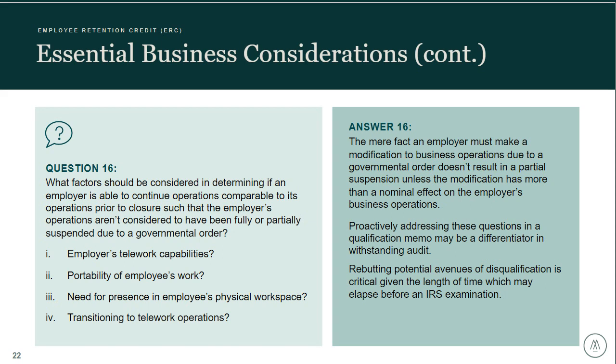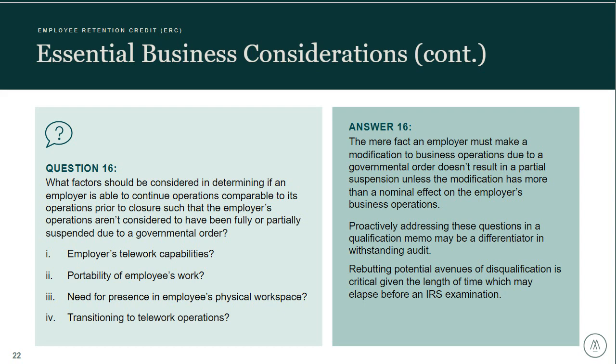And Seth, if I can just add, and this jumps ahead to the very end of the presentation, where we go through what we've seen on IRS examinations so far. The IRS has 5 years right now to do an exam on these claims. And we think putting together the documentation today to rebut potential avenues of disqualification is critically important. We'll get into that more at the end of the presentation.